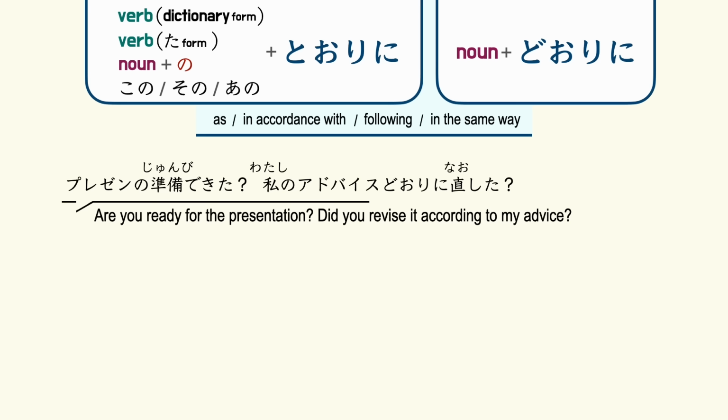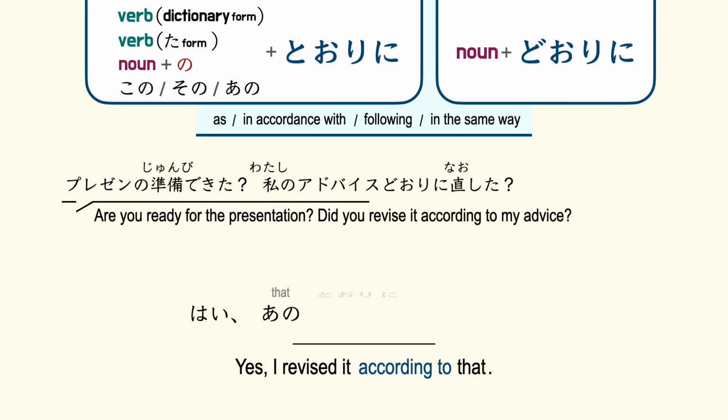Did you revise it according to my advice? Yes, I revised it according to that. はい。あの通りに直しました。If you want to review when to use この、その and あの, please watch Lesson 29 Part 4.